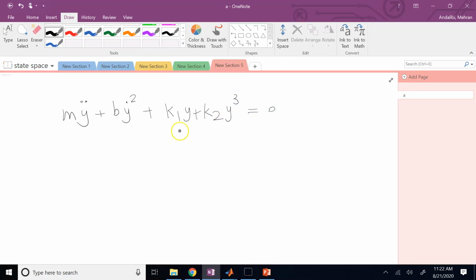I use a nonlinear spring, and a friction term that is due to air drag instead of viscous friction. So this is completely nonlinear.